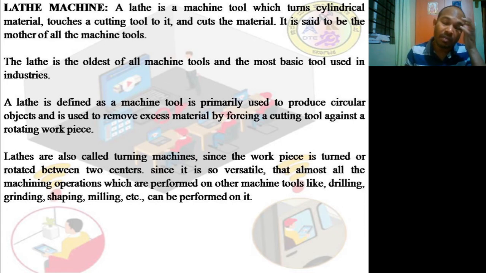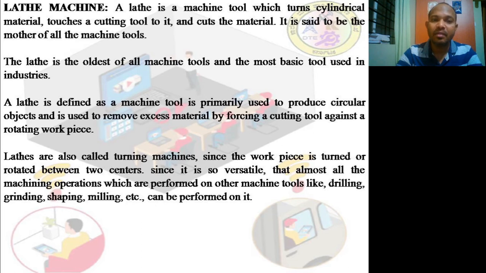That is the first point. The second point is that it operates on cylindrical materials. It can operate on metals and even wood, plastic, whatever it may be. Is it clear? This is the principle of working of a lathe machine.